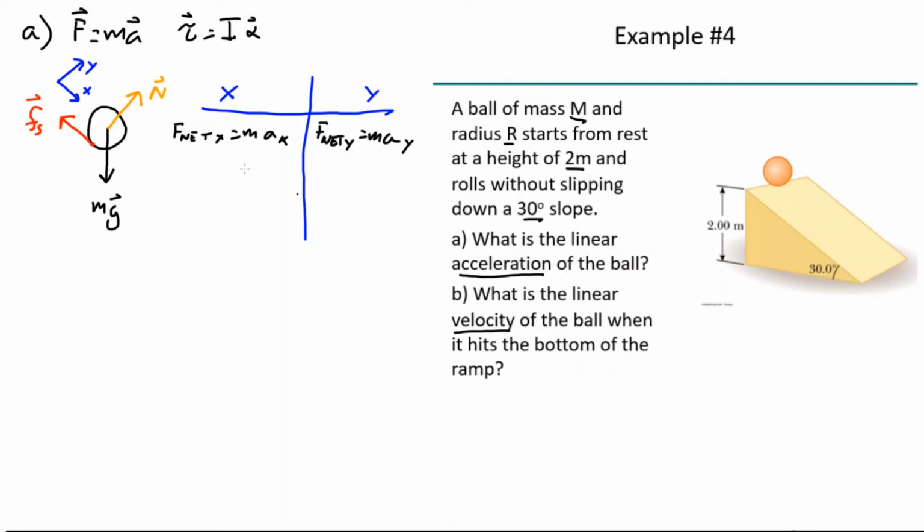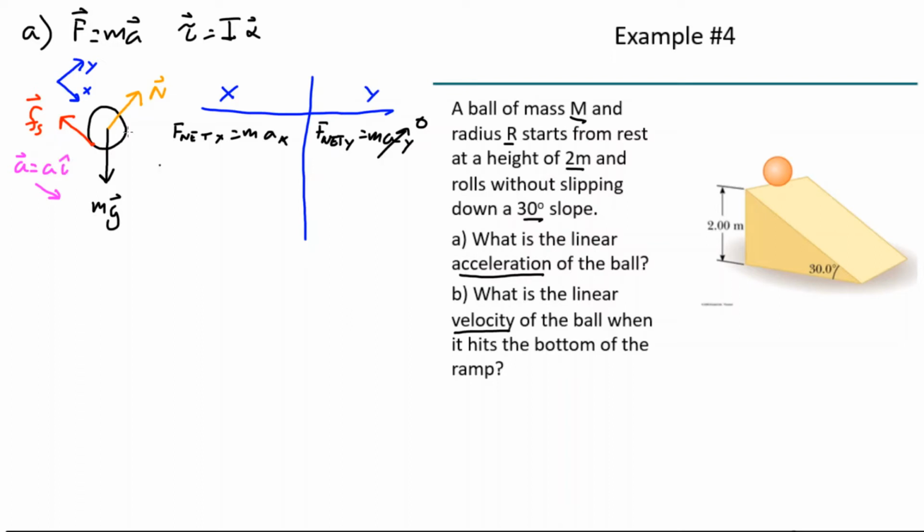We know that ay is going to be 0. This ball isn't going to fly up into the air or out of the air. We know this ball is going to accelerate down the incline with some acceleration a, which points in the x direction. So we'll say a equals the magnitude of a, i hat. So in the x direction here, we have the x component of mg.